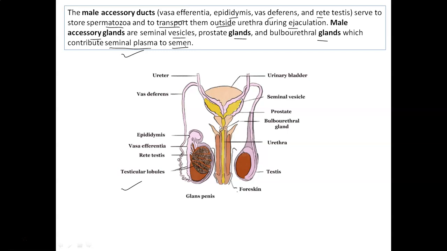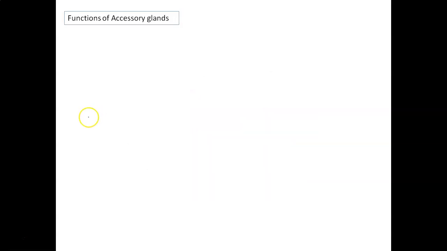Functions of accessory glands. First and most important, the seminal vesicle. We all know it is a pair of glands, and this seminal vesicle has 3 layers, and the inner layer produces seminal vesicle fluid.